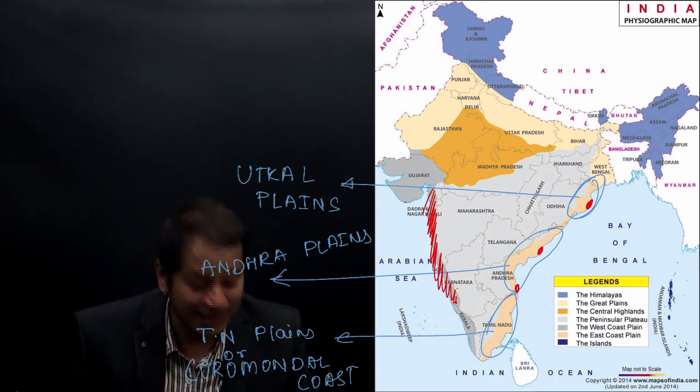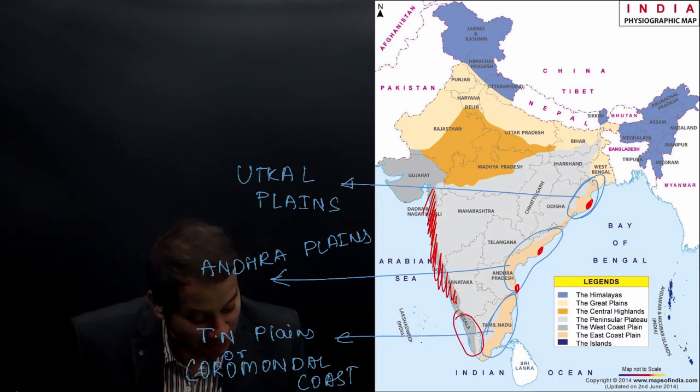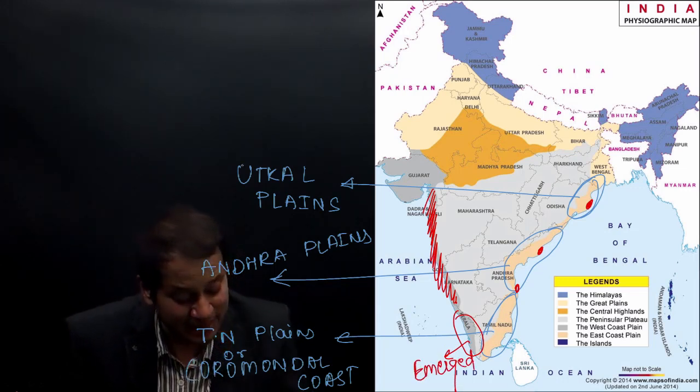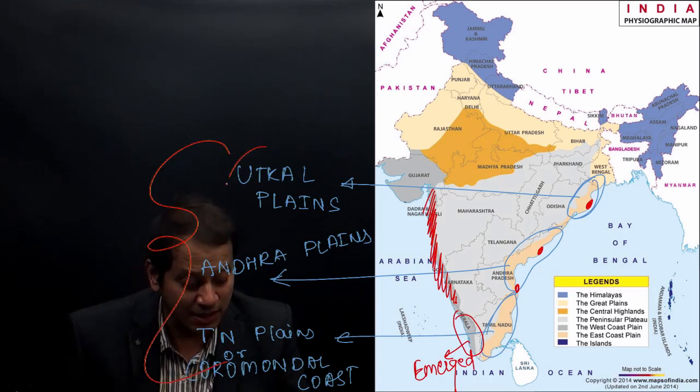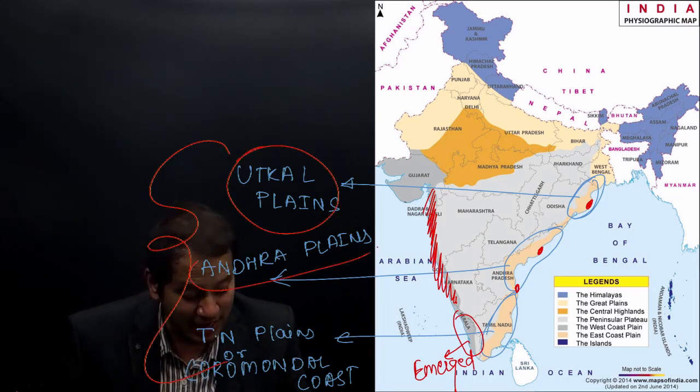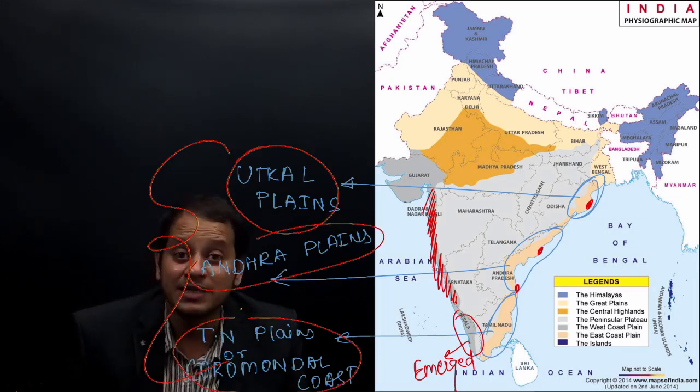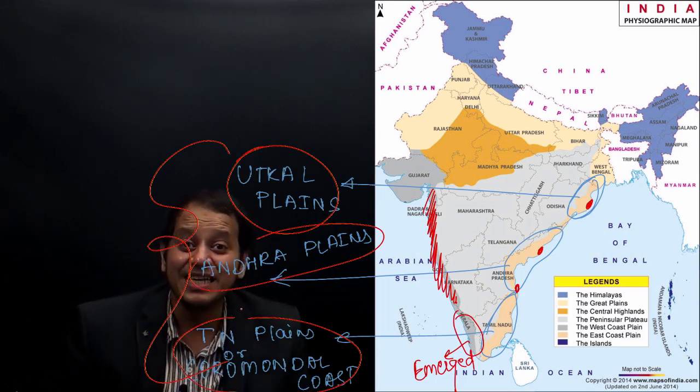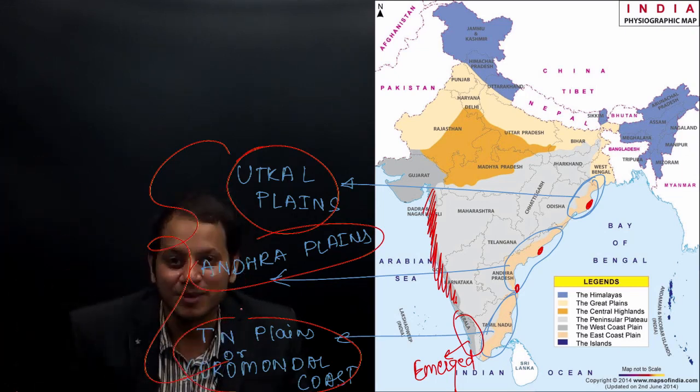Where is the lagoon? In Kerala. Why Kerala? Because the Kerala coast is an example of an emerged coastline. On the other hand, all the three plains, that is the Utkal plains of Orissa, Andhra plains and the Tamil Nadu plains have lagoons, because the entire east coastal plain is an example of an emerged coastline.